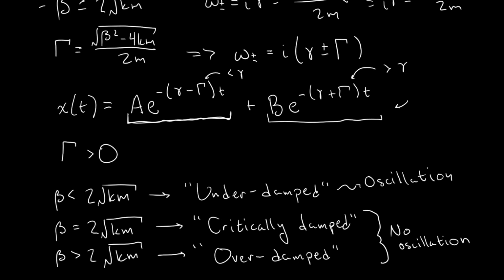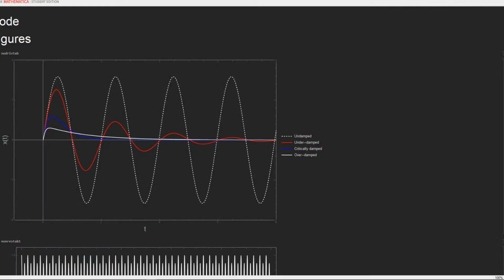And I do see the question in chat. I'm going to show some plots real quick, and then I'll take a second to answer the question. So what do these three cases look like? I'll just go ahead and show some quick plots of them. Actually, I'll show four cases. The first is the dashed line, which is just standard undamped, undriven oscillations, the standard harmonic oscillator.